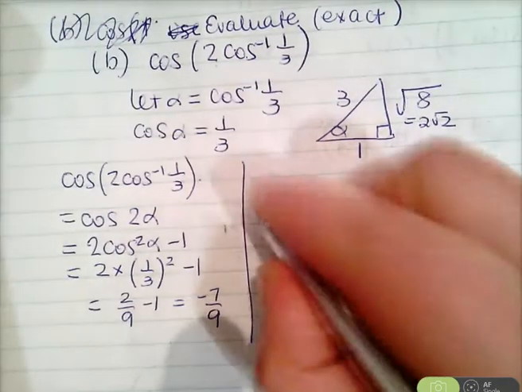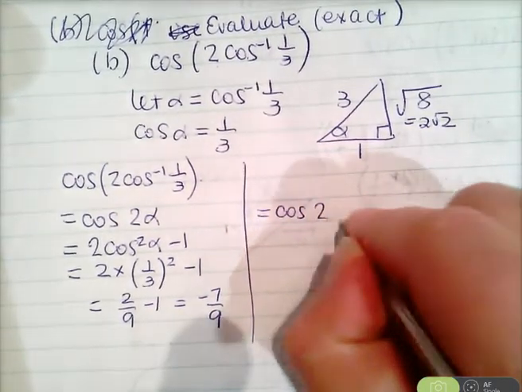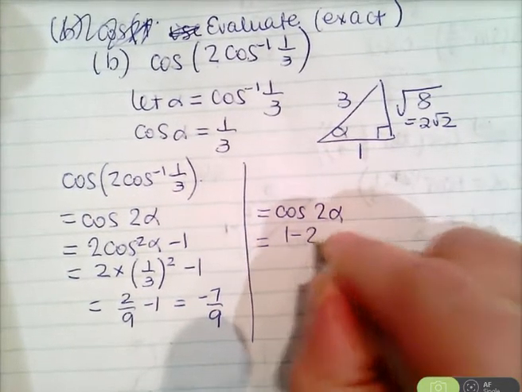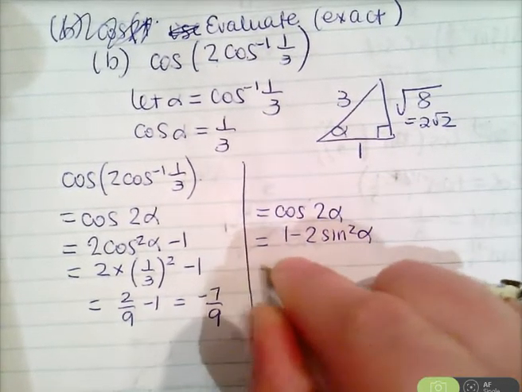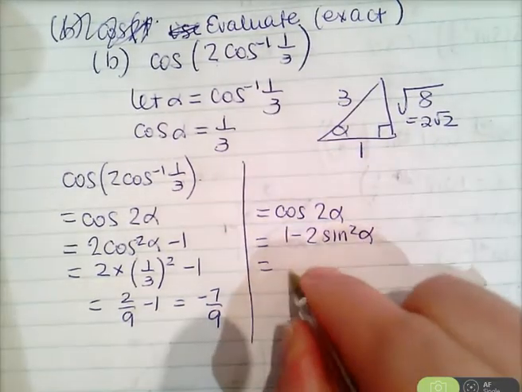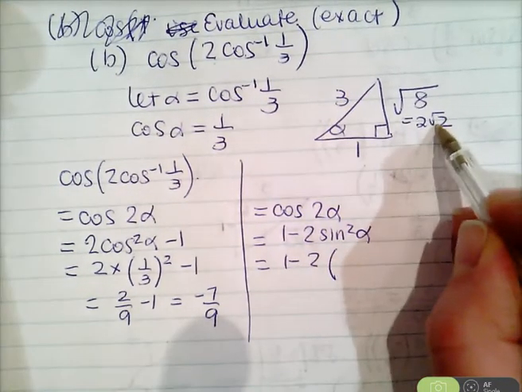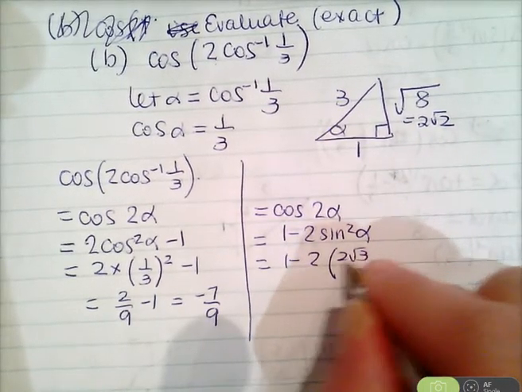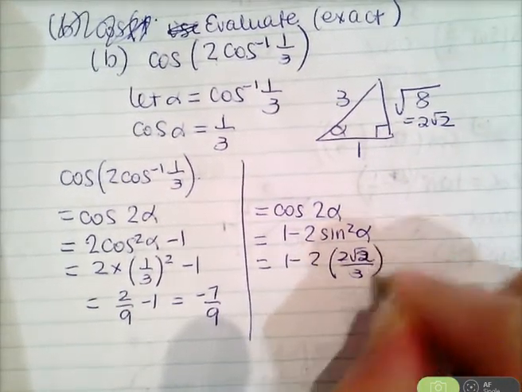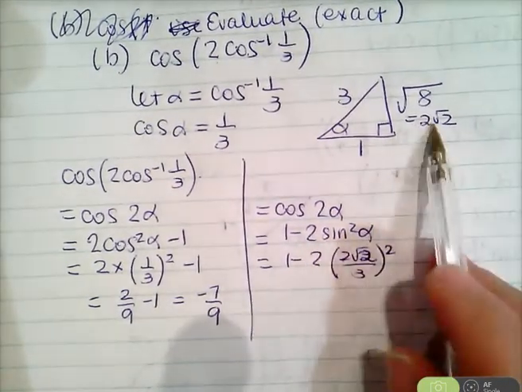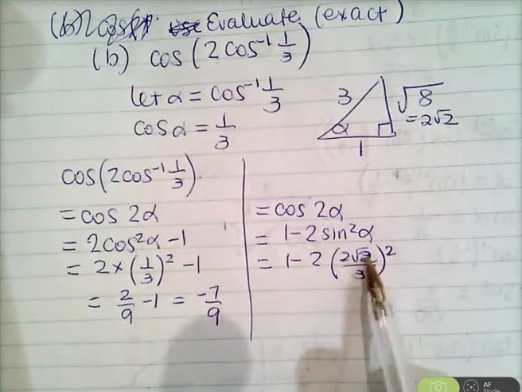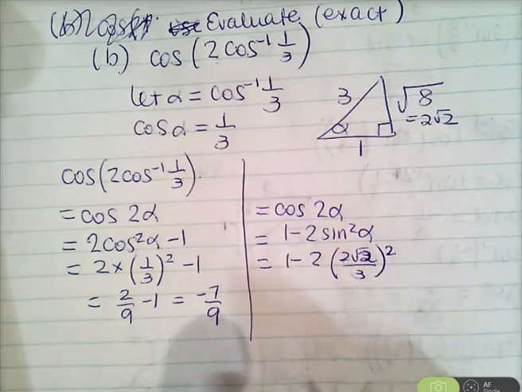Now, I could have also gone with a different double angle result like 1 minus 2 sine squared alpha. Should get the same answer, which would be 1 minus 2 times, now sine squared alpha is 2√2 on 3, all squared.